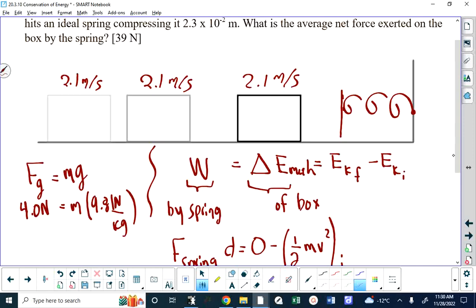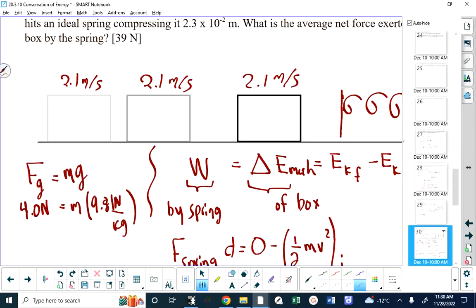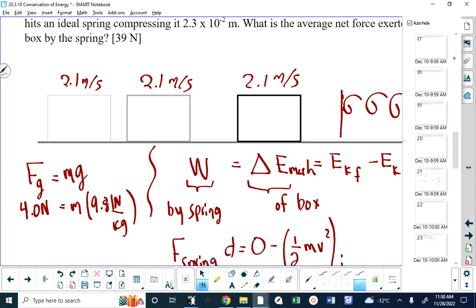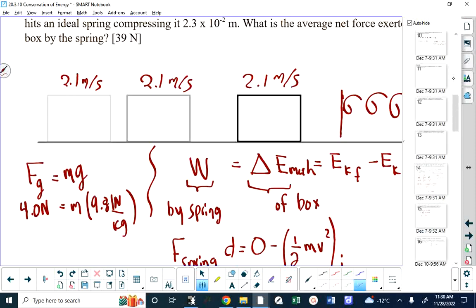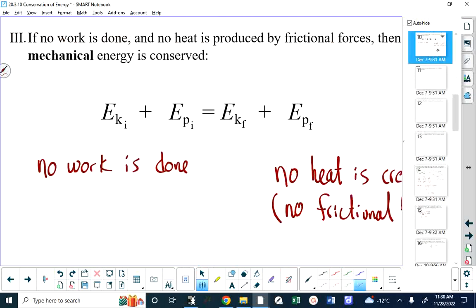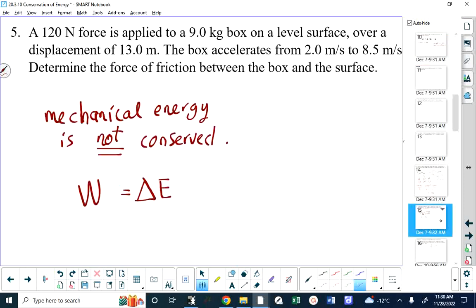Yes. When I look at this question, am I allowed to say that this is the change in mechanical energy? No, because there's another type of energy. So this is not just mechanical.